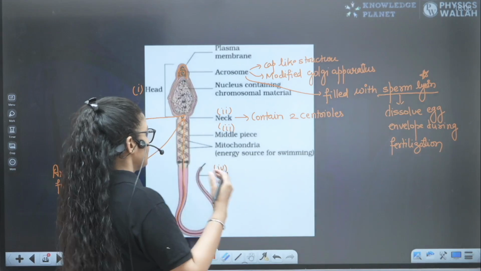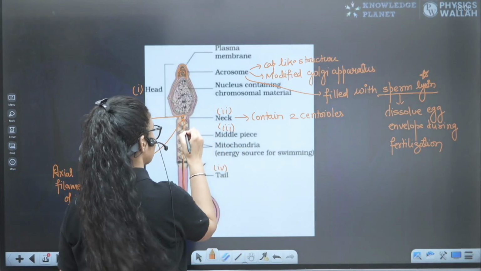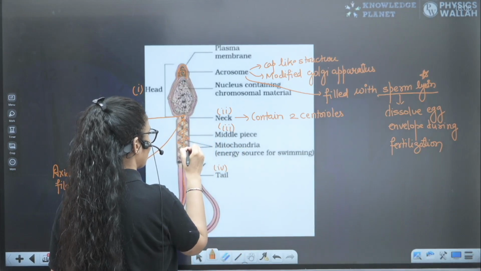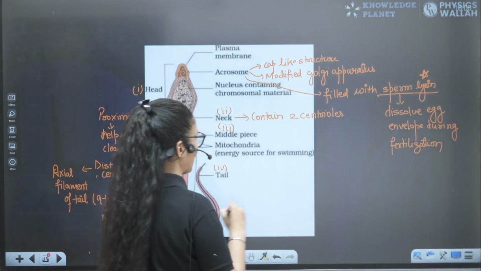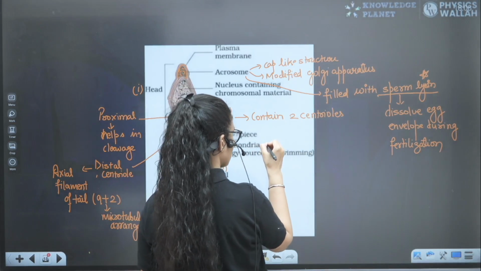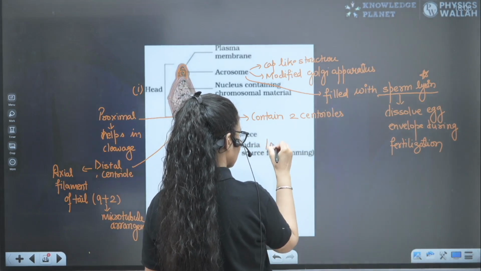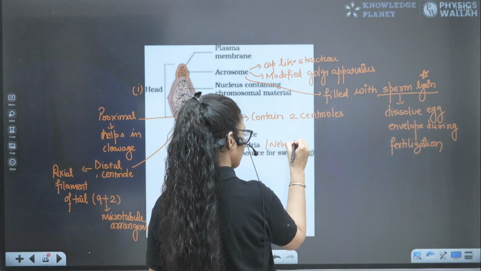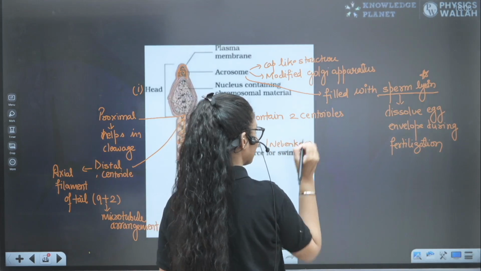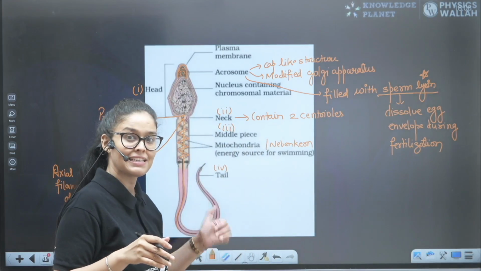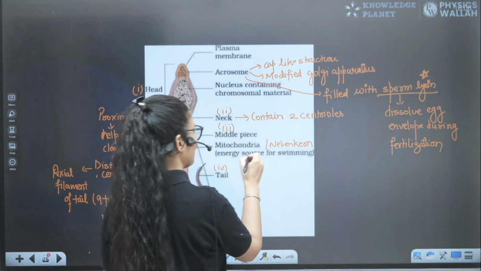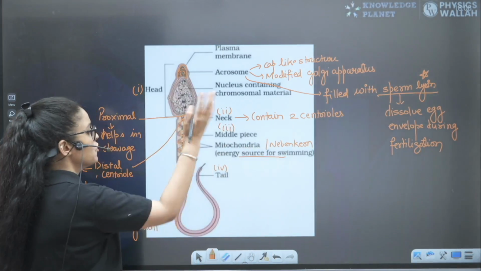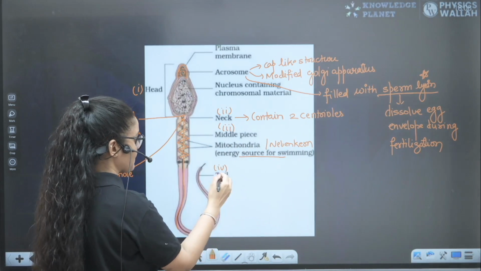Next, the middle piece has spirally arranged mitochondria, also known as nebenkern. Don't be confused if you see this term somewhere. They provide energy for the movement of the sperm in the female reproductive tract.